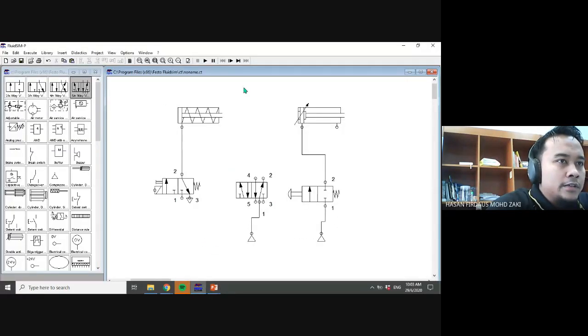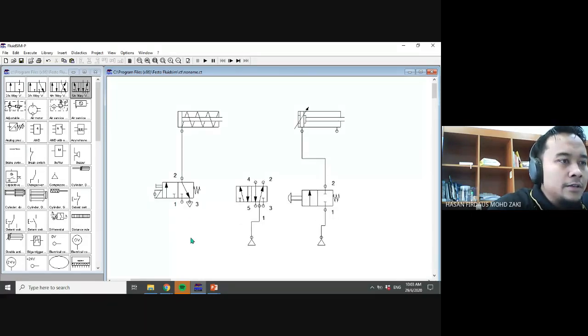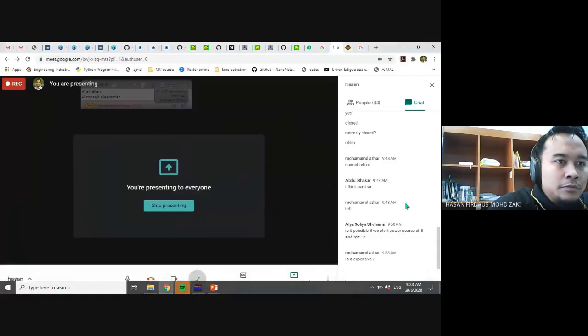Just get a very good understanding of the working principle, how the air flows, and how the advance and retraction positions are selected. Any more questions before we end our class?